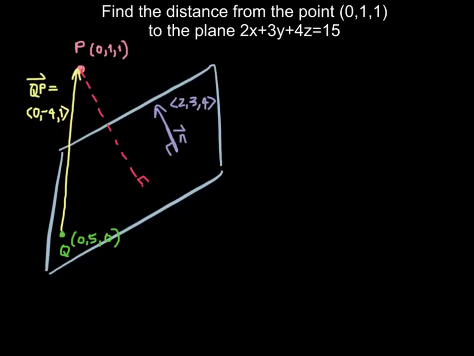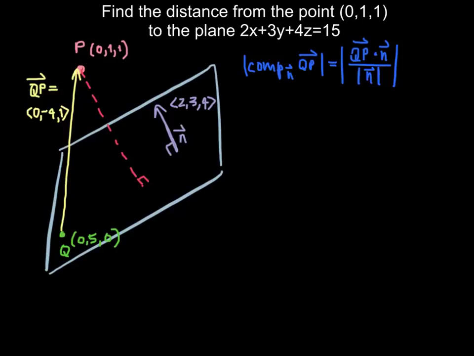All right, well, we know how to calculate that, and that is by taking the dot product of QP and the normal vector and dividing by the length of the normal in the bottom here. Now you may be wondering, why did I put absolute value signs around it? Well, the component of QP in the direction of n can be positive or negative depending on whether QP is pointing in the same direction as n or pointing in the opposite direction as n.